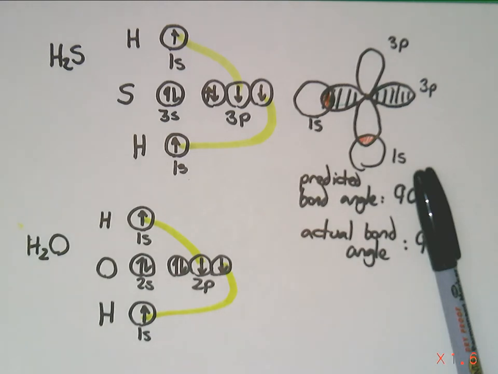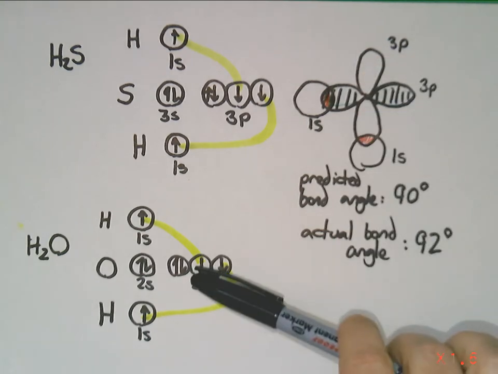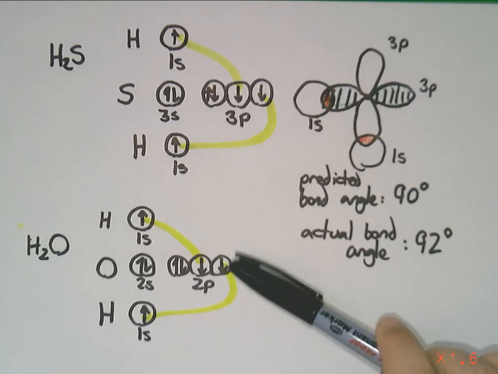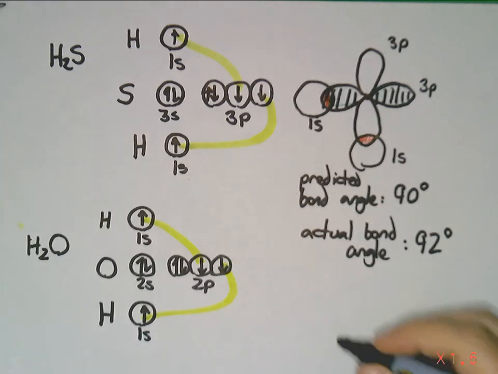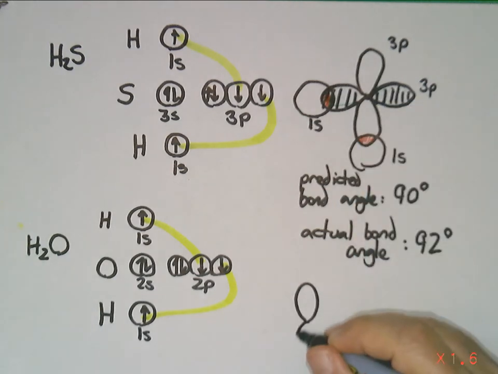And I could draw the same kind of balloon animal structure for this. I need to overlap a 2p with a 1s and then a different 2p, which is at right angles to the first one, with this 1s. So I could draw a structure just very much like this one.